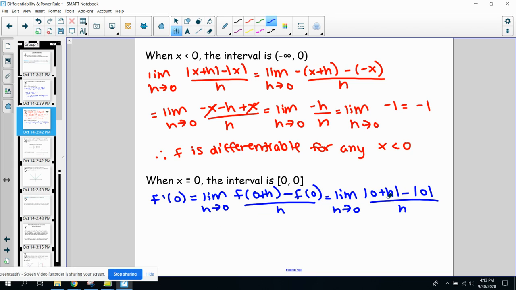So if I simplify this, I end up with the limit as h approaches 0 of the absolute value of h over h. Now, I can't plug 0 into here because I have 0 in the bottom. And notice that I still have absolute value here. So what I need to do is break this up into the right-hand limit and the left-hand limit.